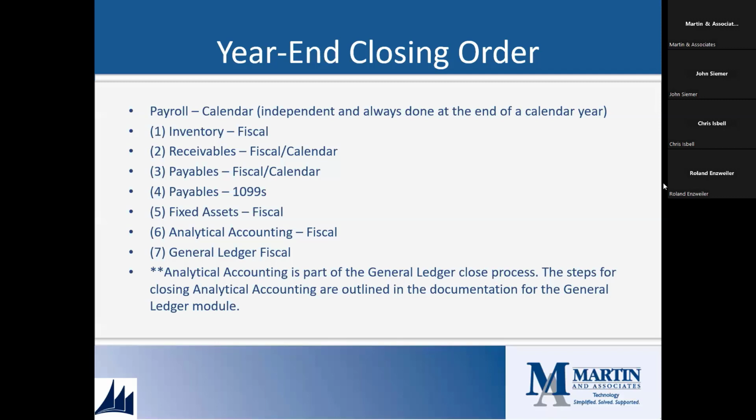And then of course the general ledger, you'll close that after you've done all your year-end journal entries, depending upon what other activities you have going on. If you want to leave the general ledger open, we've had customers go into March or April.